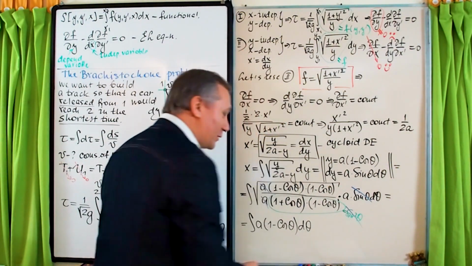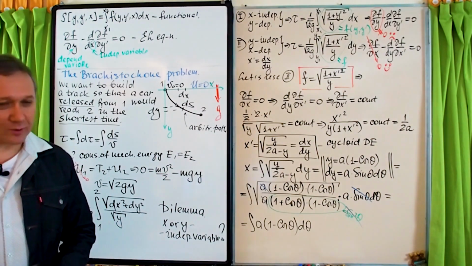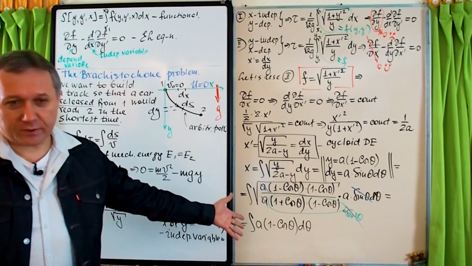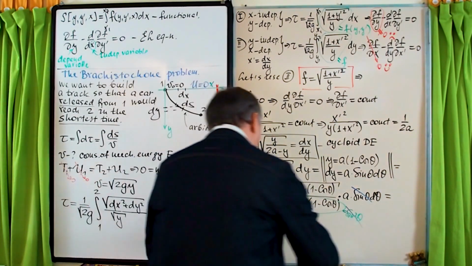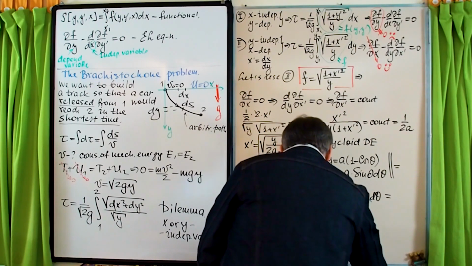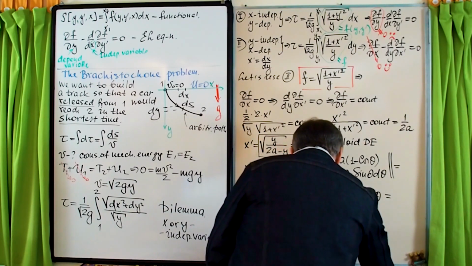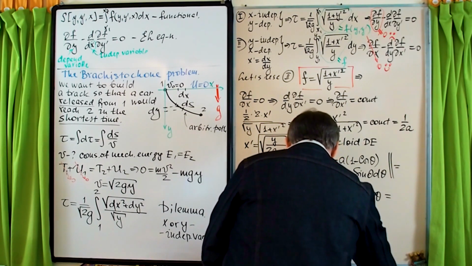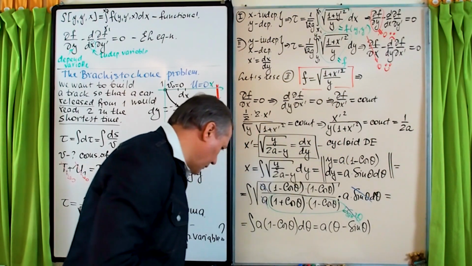But again, if you don't see this substitution, you can struggle with this integral a lot. All right, so integration of this is trivial. So we will get a theta minus sine theta and, yeah, no, hold on.